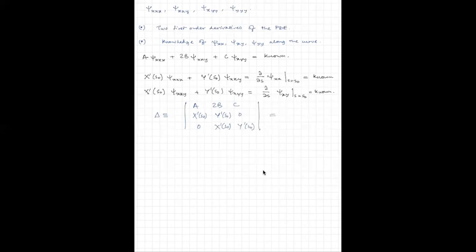This is not equal to 0. As you have just seen earlier, this is precisely the thing that we had earlier. So assuming this is fulfilled at s equal to s naught like we did before, we can solve these equations.